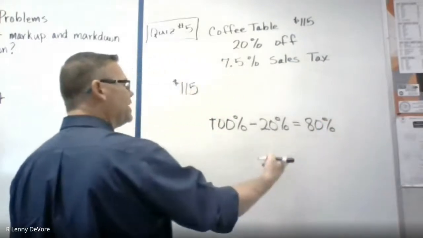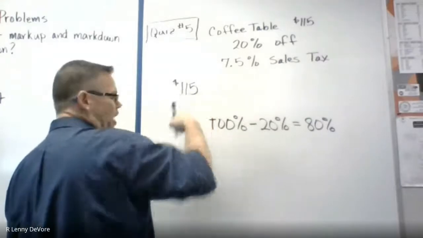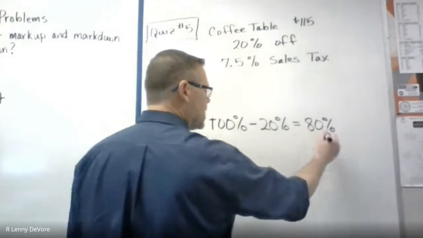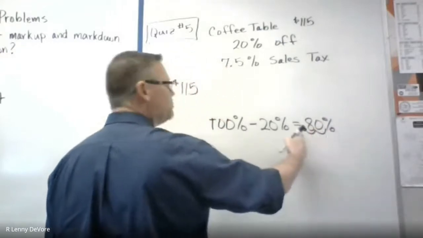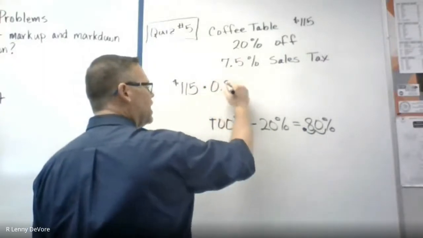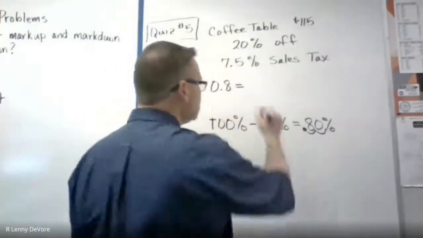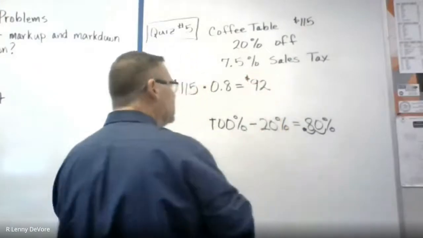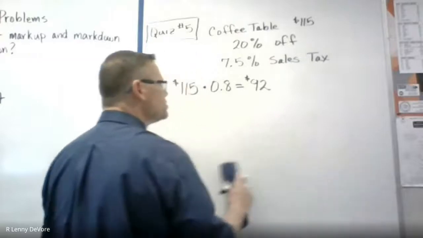So if I multiply that by 80%, I'm going to get 80% of this price. Okay? Now remember, when I multiply it, I have to turn this percent into a decimal. That means I have to divide it by 100. So I'm actually going to multiply this by 0.8. When I do that, then I get $92. That means that the price of the coffee table at 20% off is $92.